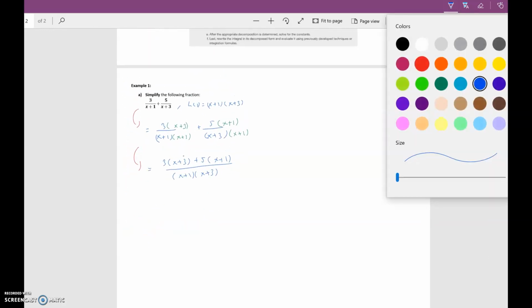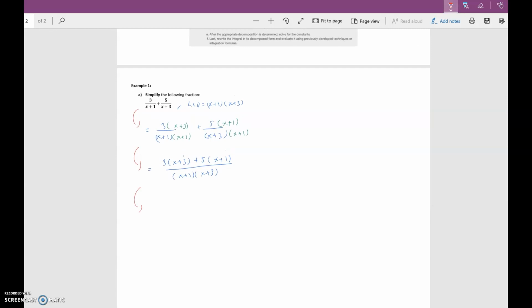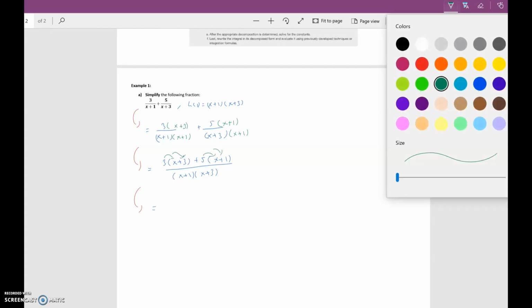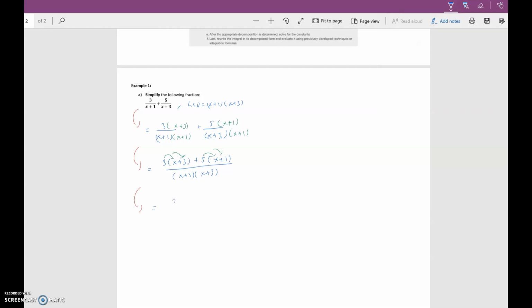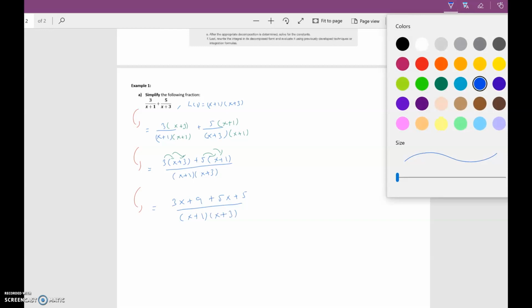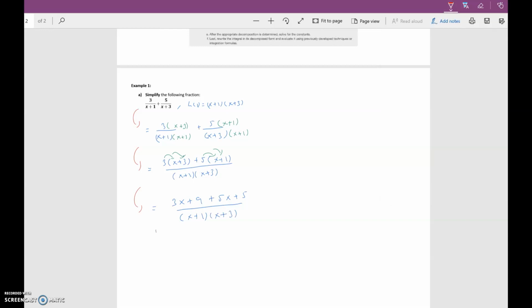Remember that simplifying this fraction means expressing it as a single fraction. So I'm going to distribute the numerators and leave the denominators as they stand. The top is going to give us 3x plus 9 plus 5x plus 5, all over x plus 1 and x plus 3. We're almost done with this one.